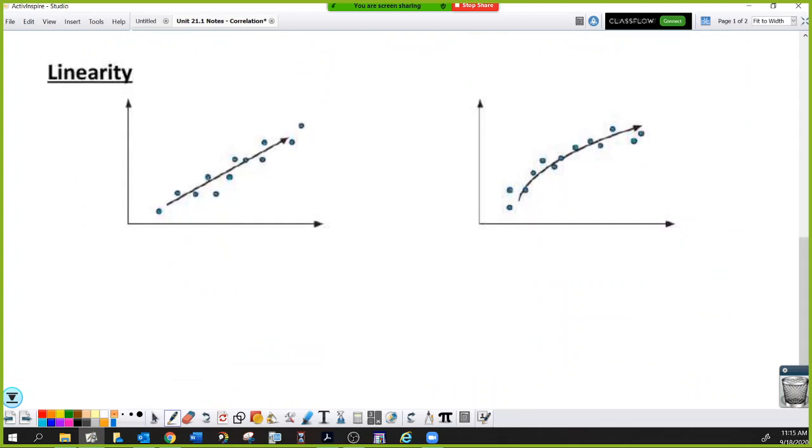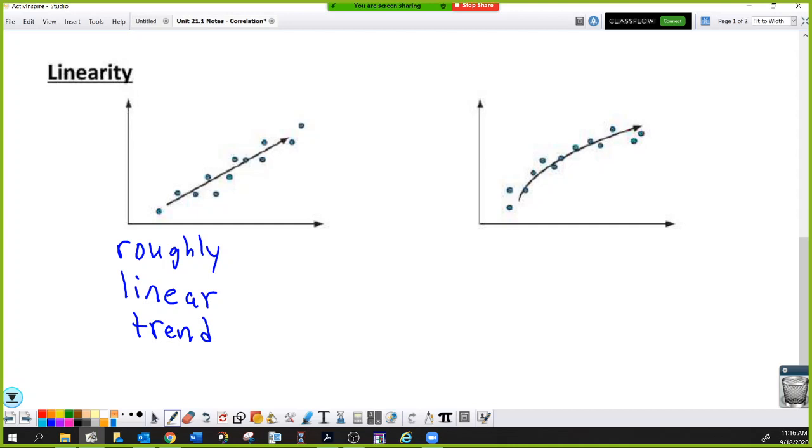So here we have 2 different data plots. The first one, a straight line actually models that data pretty well. So what we could say here is that this is a roughly linear trend. Now the one on the right.